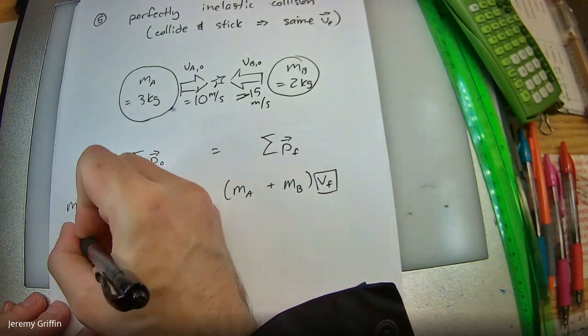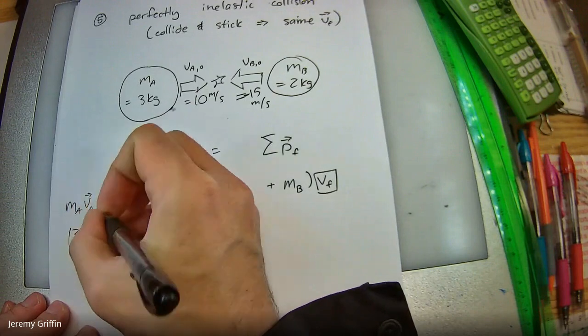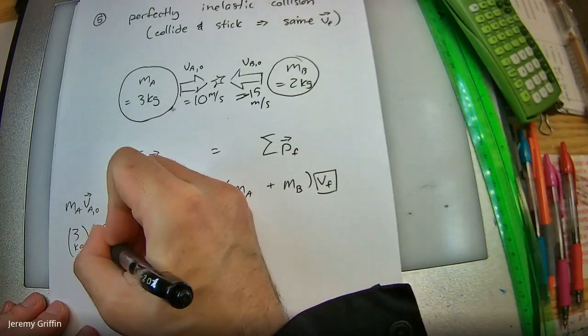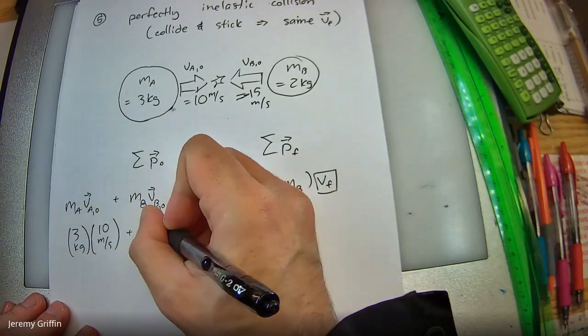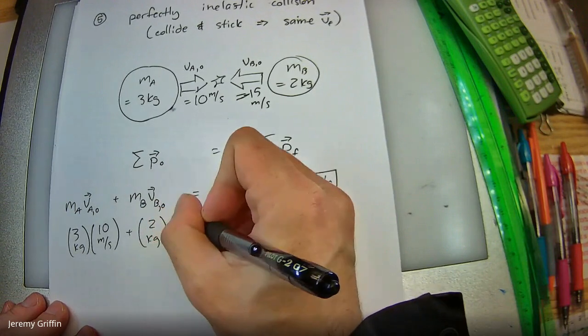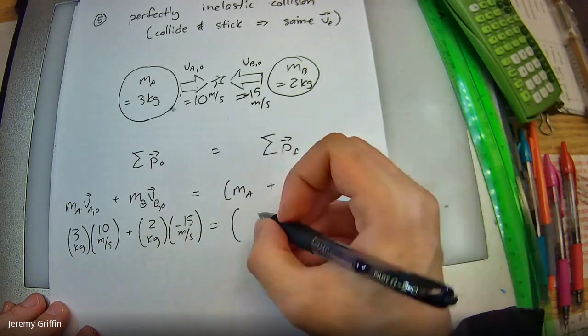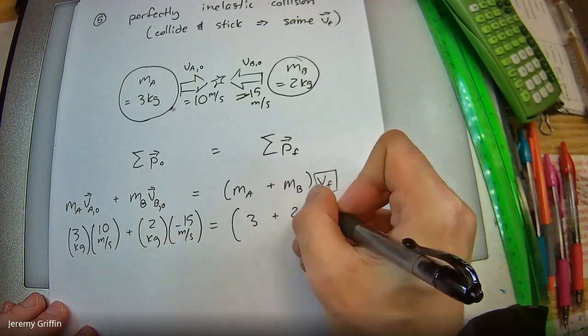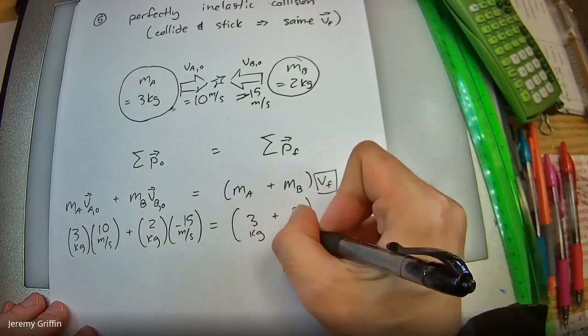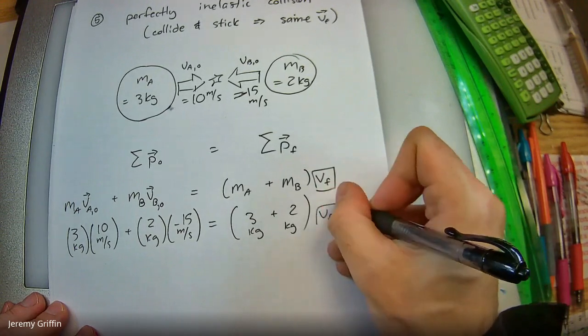So we got 3 kg moving at 10 meters per second, plus 2 kg moving at negative 15 meters per second. And that's going to combine to make 3 plus 2 kg moving, well, how fast?